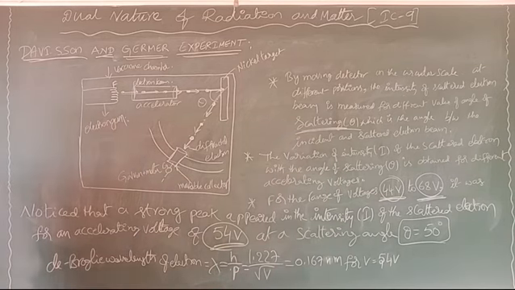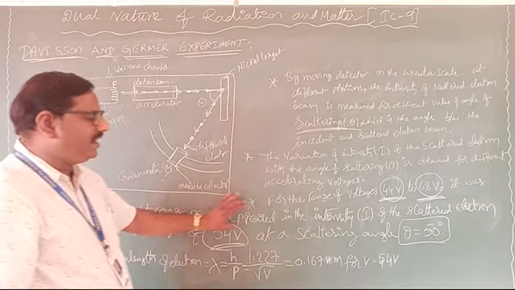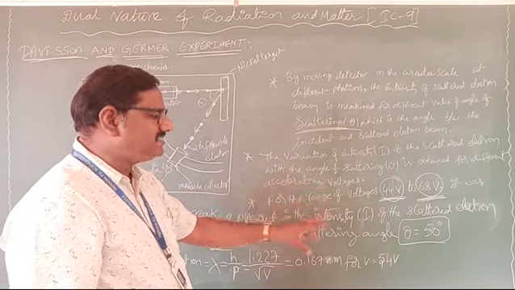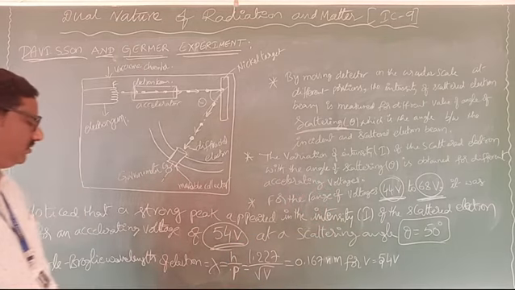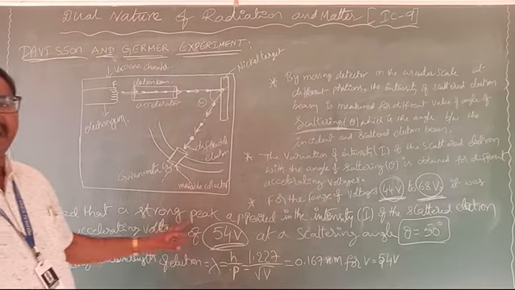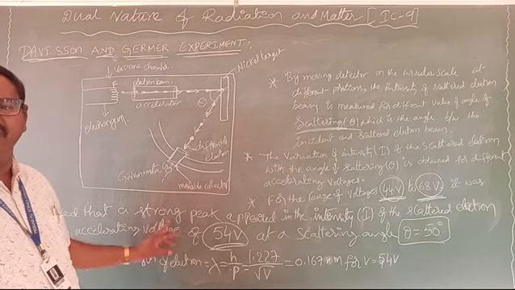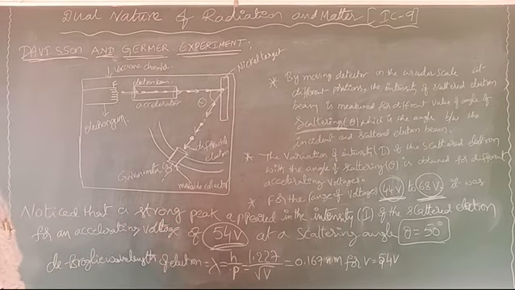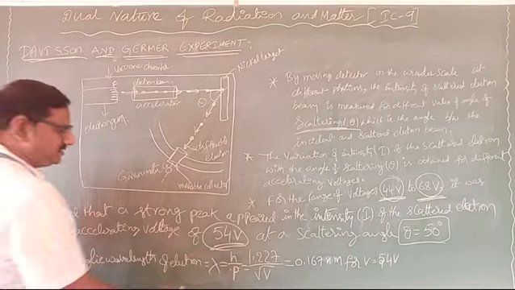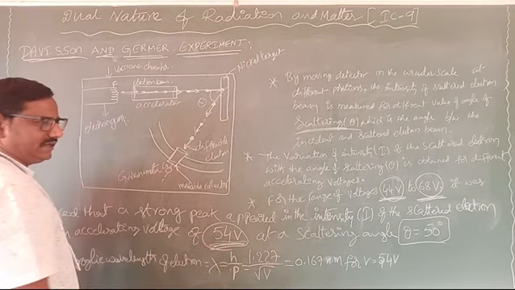What they noticed very strongly is that a strong peak appeared in the intensity of scattered electrons for an accelerating voltage of 54 volt.